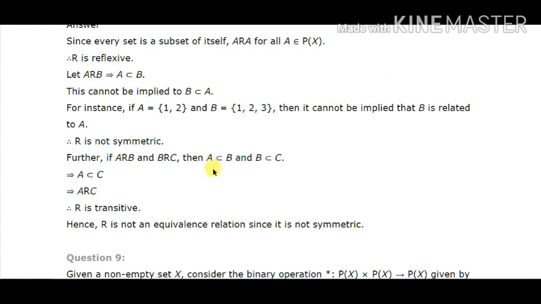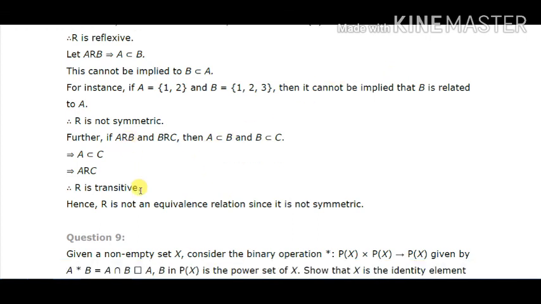So we need not check it for transitivity, but if this question comes in another way, that check whether this relation is reflexive, symmetric or transitive, then for that we check it for transitivity.